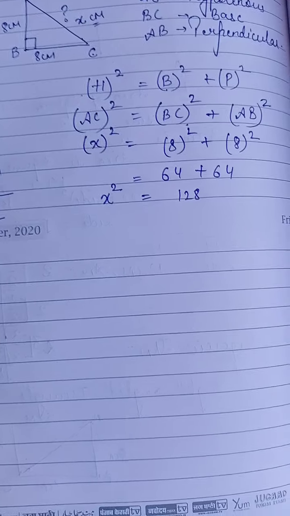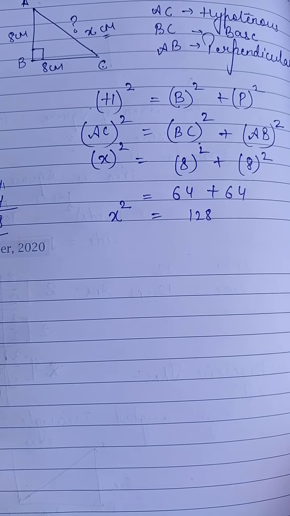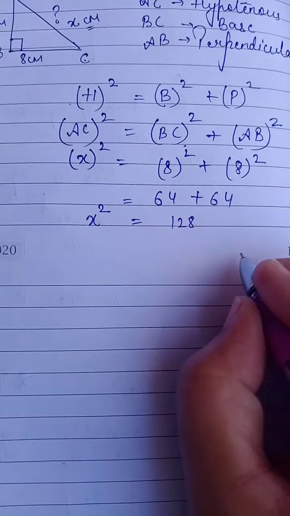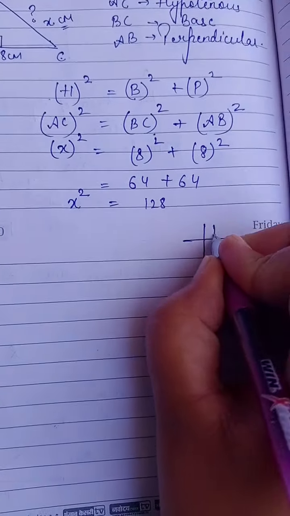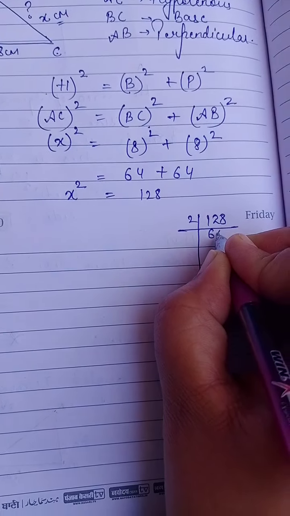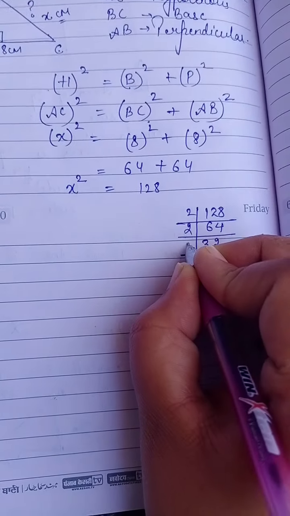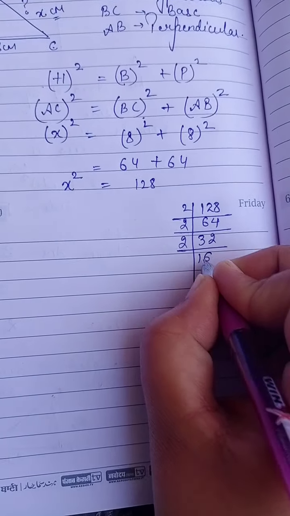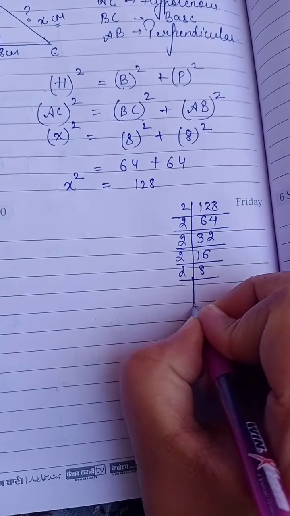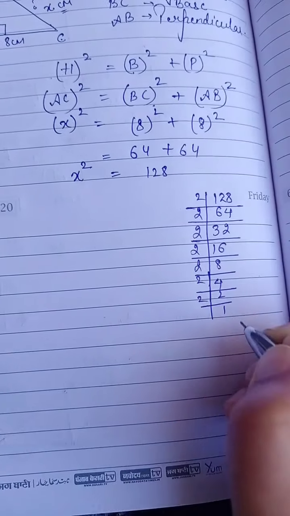Now this is not our solution. You have to find the value of x. What should be our next step? Factorization. Very good. 2 6s are 12, 2 4s are 8, 2 3s are 6, 2 2s are 4, 2 1s are 2. 2 8s are 16, 2 4s are 8, 2 2s are 4, 2 1s are 2.